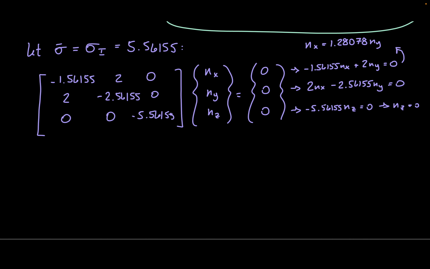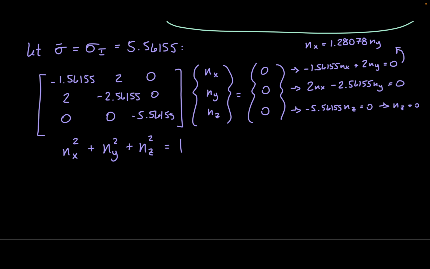Because then what we can do is, we know with every single normal vector, or unit vector per se, you have your nx squared plus ny squared plus nz squared, and this must be equal to 1, because all unit vectors must have a magnitude of 1.